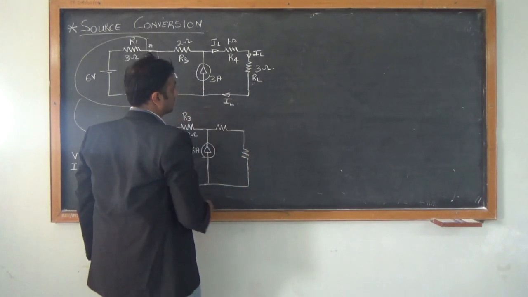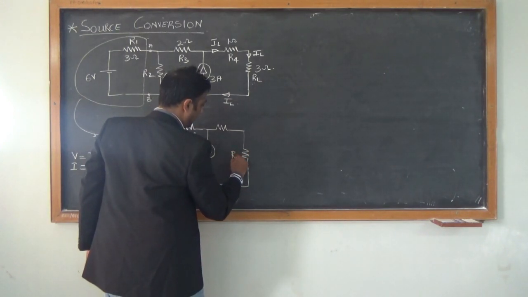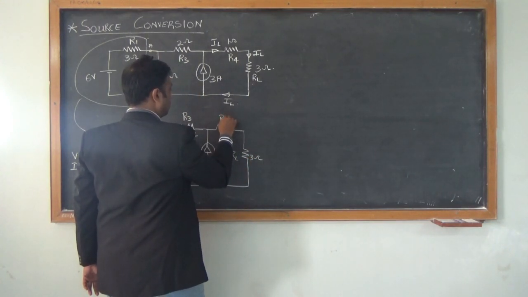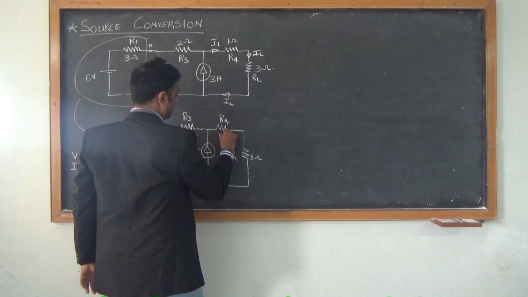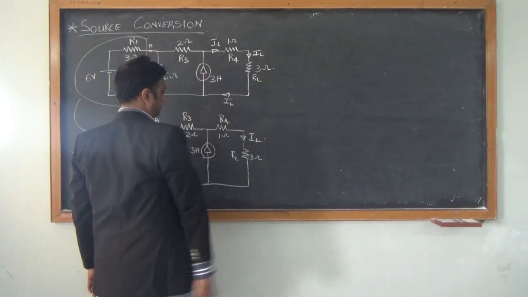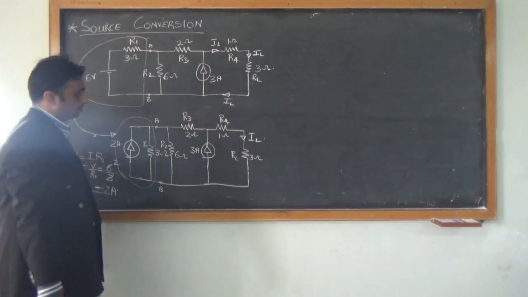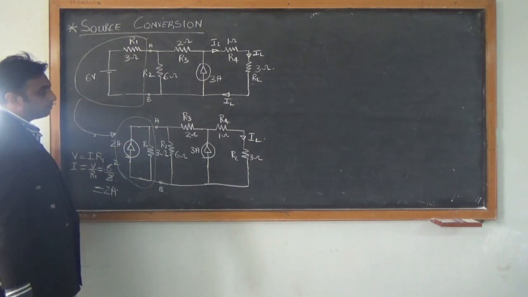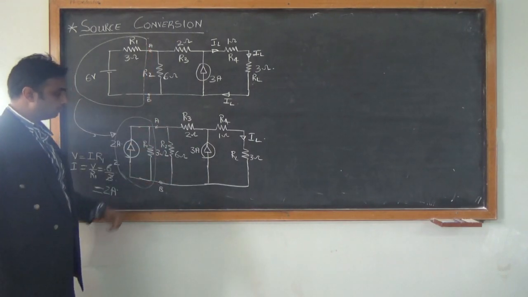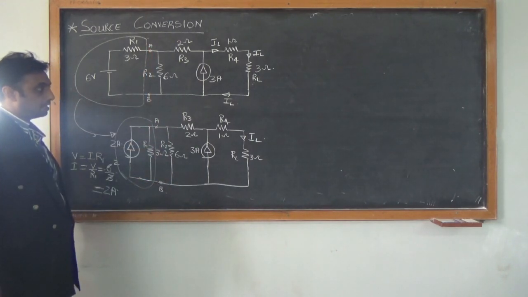So the rest of the circuit remains the same. This is my RL, which is 3 ohms. This is R4, which is 1 ohm, and this is IL. So I have 3 amps, 2 ohms, 1 ohm and 3 ohms. The rest of the circuit remains the same from these 2 points A and B.